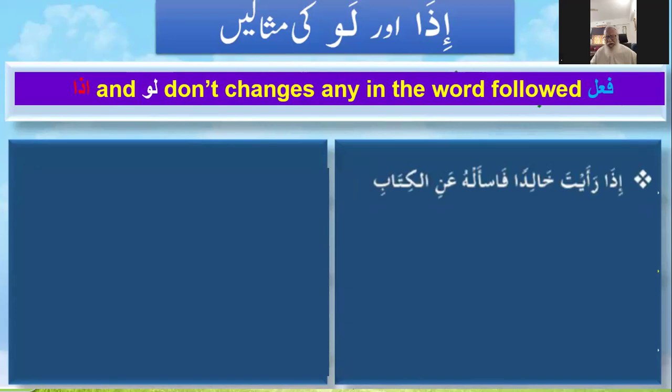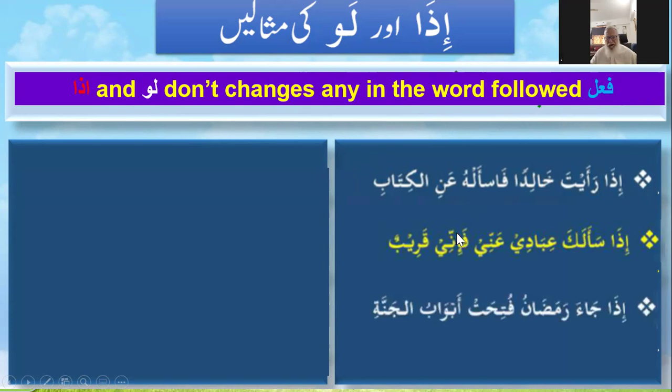Just like إذا رأيت خالد فأسأله عن الكتاب. Look, إذا came, رأيت, no change, because this is not jazim. If it was given jazm, it would have been changed. إذا سألك عبادي عني فإني قريب. إذا سأل, it's not changing any jazm. إذا جاء نصر الله والفتح, or إذا جاء رمضان فتحت أبواب الجنة.